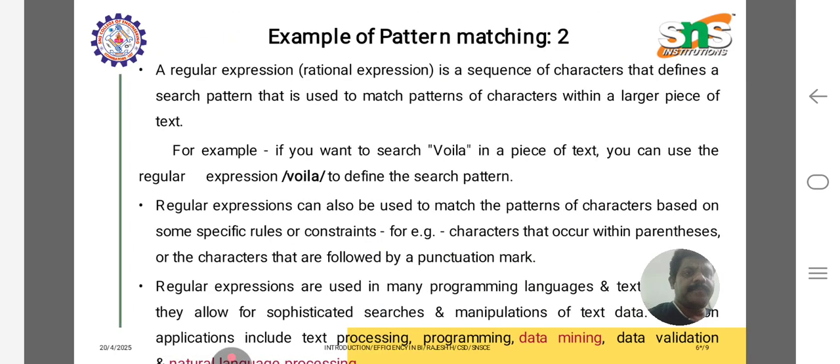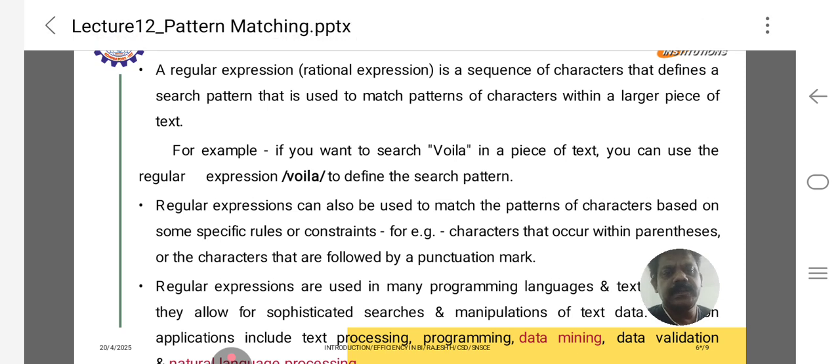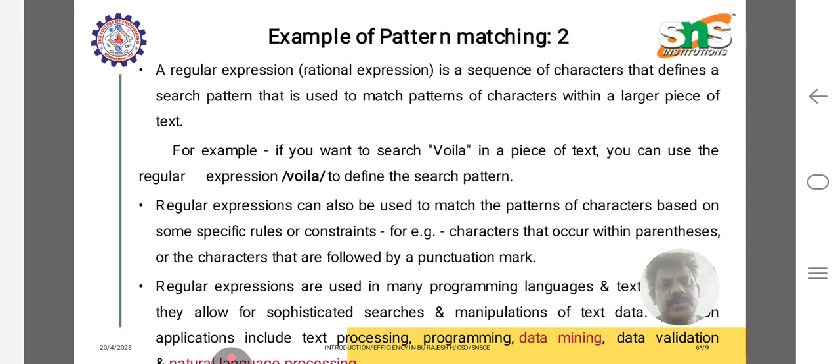Another example of pattern matching is to find a regular expression. A regular expression is a sequence of characters that defines a search pattern used to match patterns of characters within a large piece of text. For example, if you want to search for Voila in a piece of text, you can use the regular expression Voila to define the search pattern.